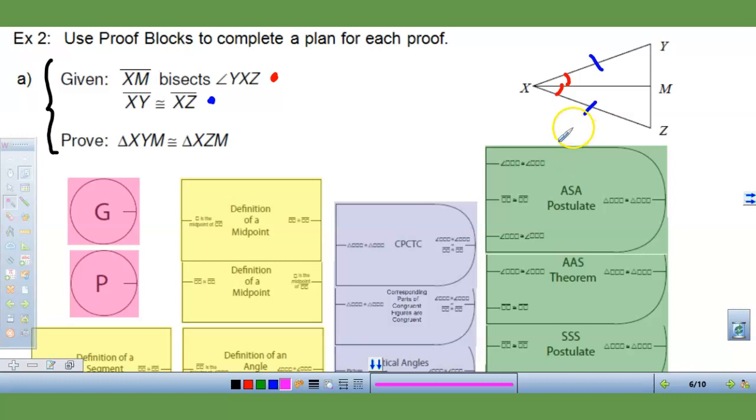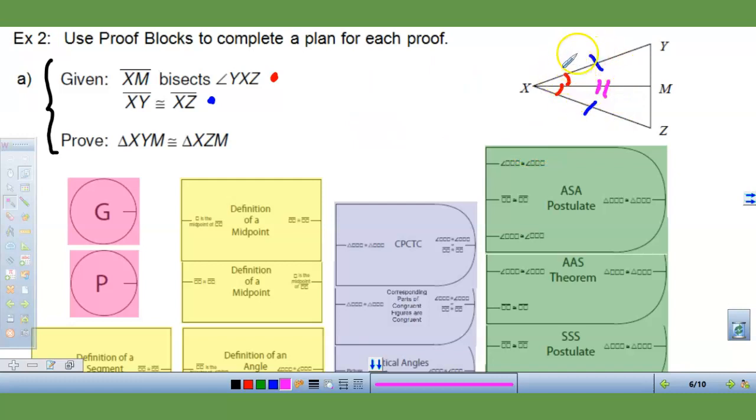One of the things that we figured out is that if triangles are sharing a side, XM is on both triangles. It's the leg for this triangle here, and it's also the leg for this triangle here. So it's congruent to itself. XM in the top triangle is congruent to XM in the bottom triangle. That was called the reflexive property, so this is nothing new.